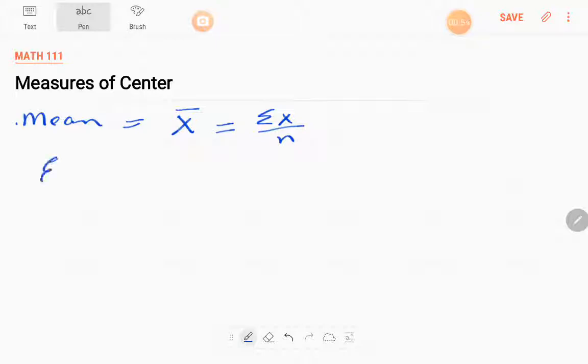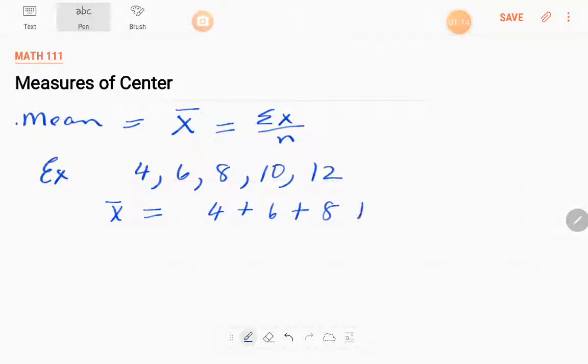So for example, if we have 4, 6, 8, 10, and 12, and we want to find the mean, we will just add all the values up, 4 plus 6 plus 8 plus 10 plus 12, and divide it by the number of entries.